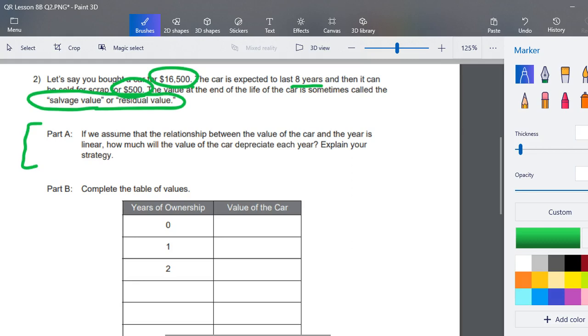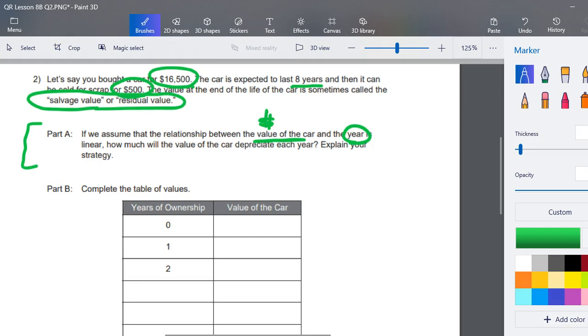Part A, if we assume that the relationship between the value of the car and the year is linear, how much will the value of the car depreciate each year? And explain your strategy. So do something.